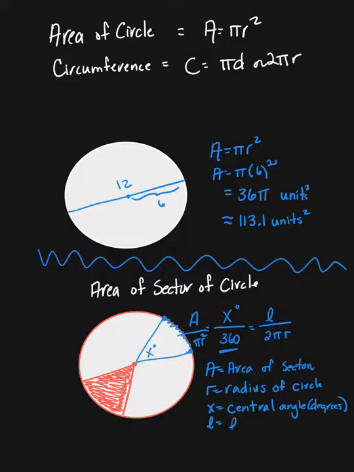L is the length of a piece of the circumference. Okay, and all this is a plug-in. Again, when you're plugging in, do not let your calculator replace your work.